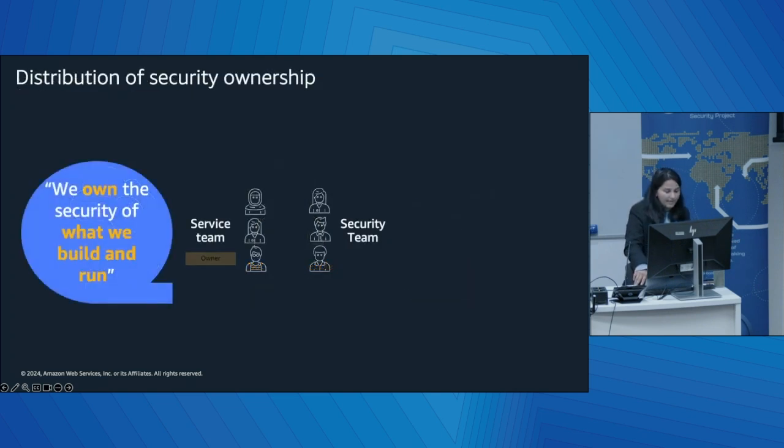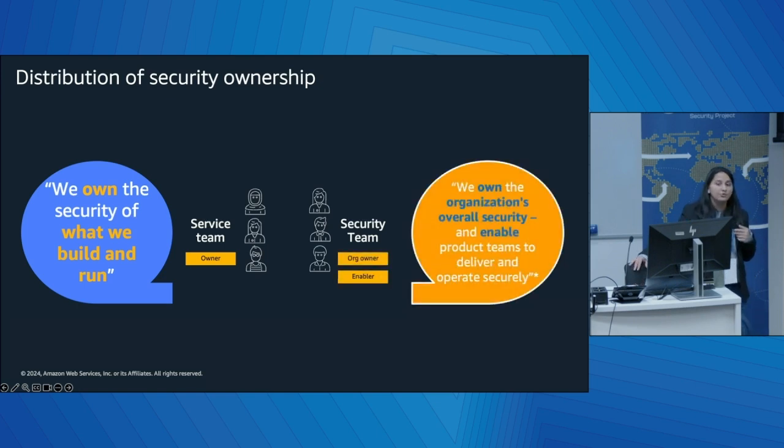So in AWS, what we do is the service team owns the security of what they develop, and the security team are usually the enablers, and they oversee the security. If you see Amazon, we have so many services, so many business units. If the security team were going to look at each and every feature that is launched, it's not possible. So if you develop it, you own the security of it.